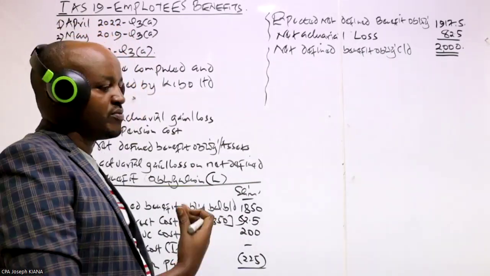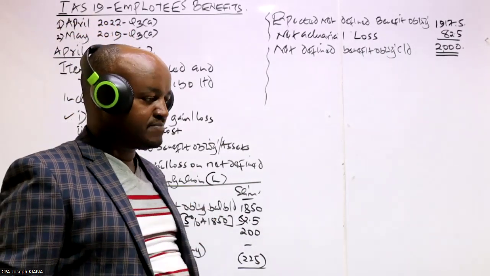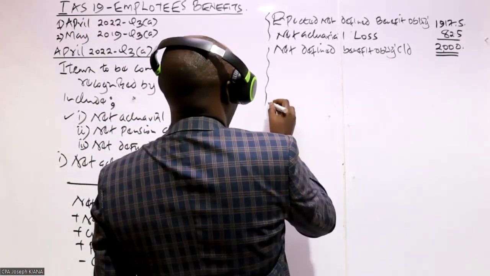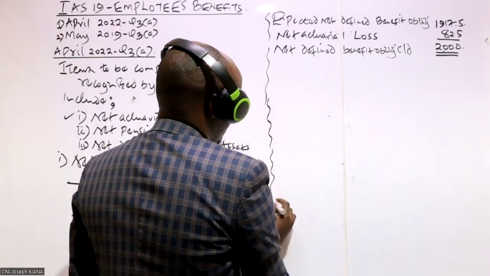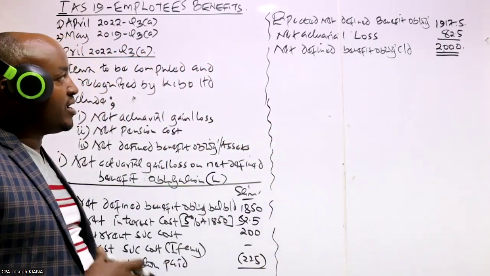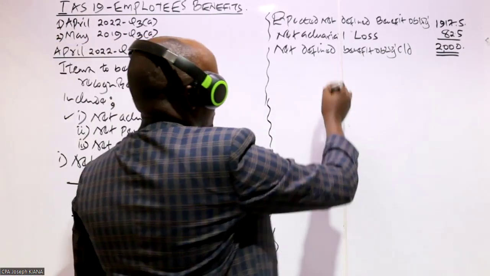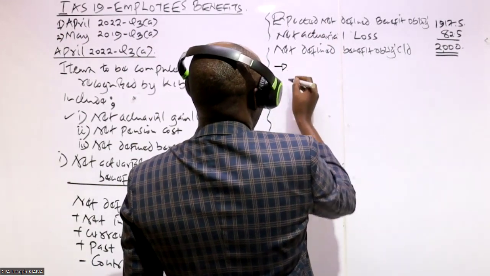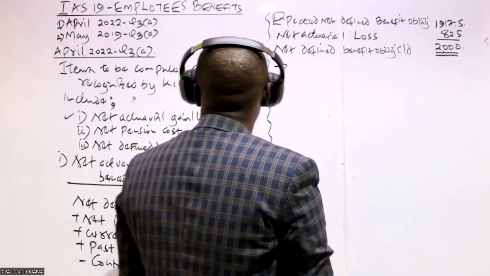Now, other than computing this, we are also required to explain how this should be accounted for by the employer, or basically by this company. In our previous session, we said that this amount of net actuarial gain or loss in relation to the net defined benefit obligation is recognized as part of other comprehensive income.